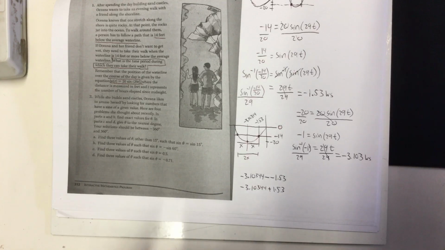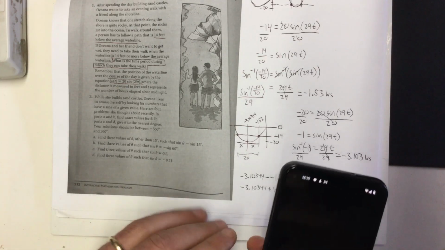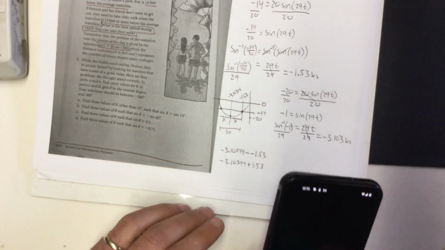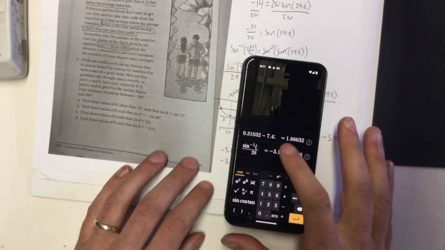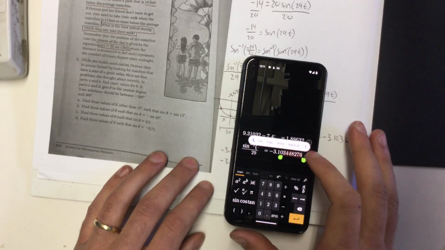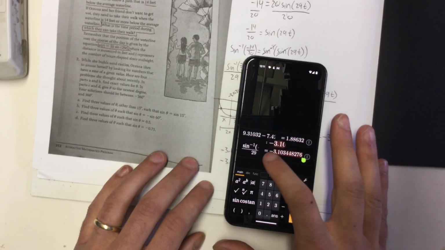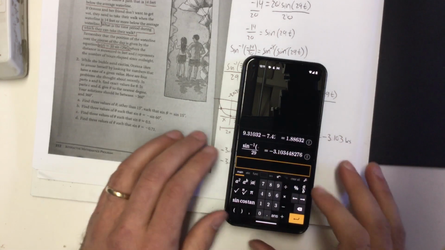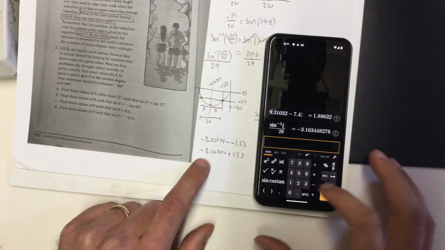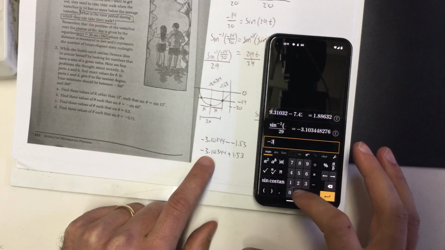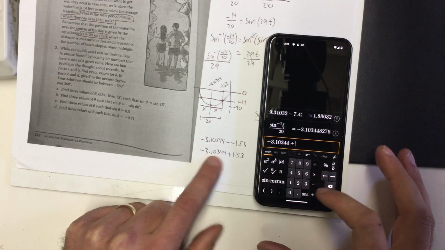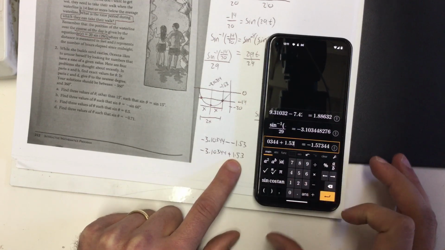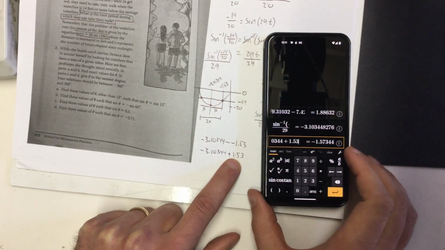So we're doing negative 3.10344 plus 1.53, which is negative 1.57.